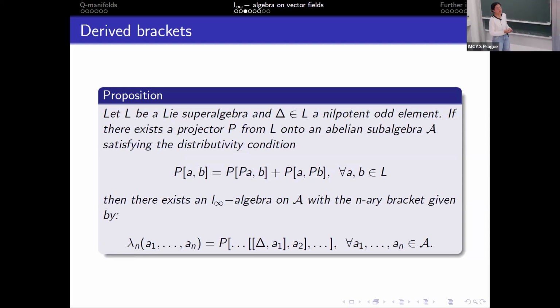If I am able to find a projection from the Lie superalgebra L onto an abelian subalgebra, then I can define an L-infinity structure on the abelian subalgebra. So in our case, the abelian subalgebra is the space of vector fields on the Q manifold. So this is precisely where I'm going to define the L-infinity structure. This will follow from this proposition.